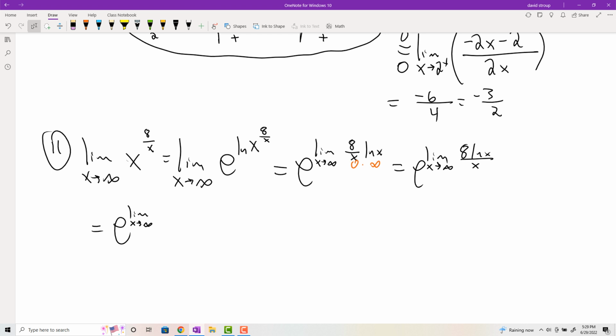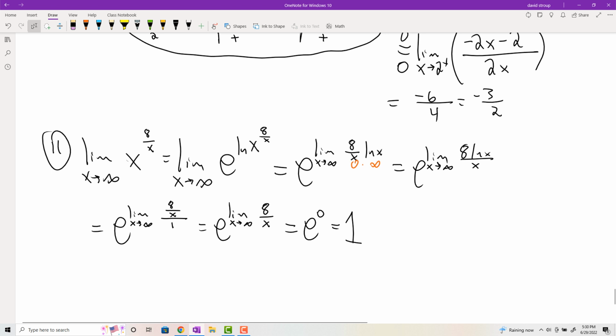The derivative of ln of x is 1 over x. So in the numerator I have 8 over x. And in the denominator the derivative of x is just 1. So you just get 8 over x. 8 over x is that L over infinity form, and that's just equal to 0. So you'll have e to the 0, which is 1.